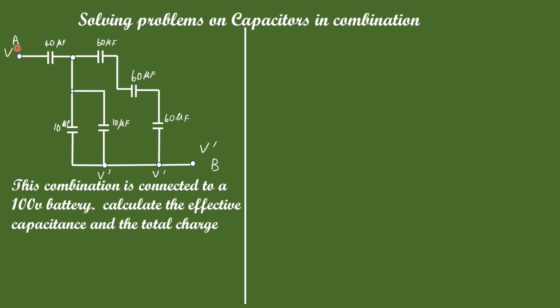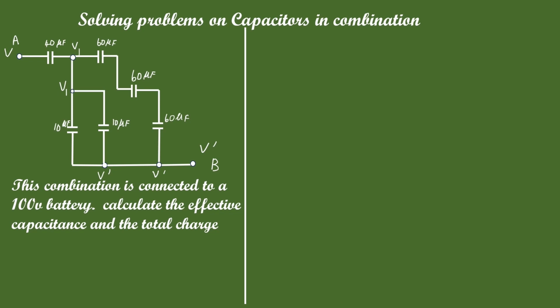At point A, the potential is V. At this junction, in between, there is one capacitor, so the potential will change at this point. Let it be V1. Between this point and this point, there is no interruption, so the potential at this point also will be V1.